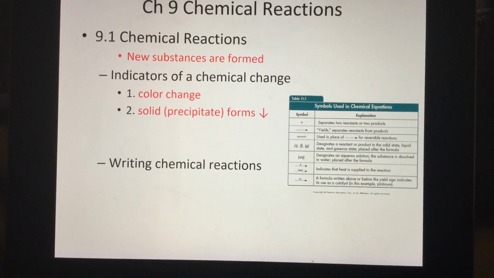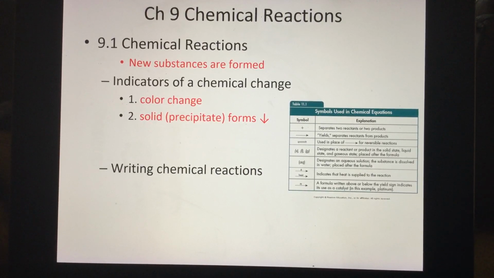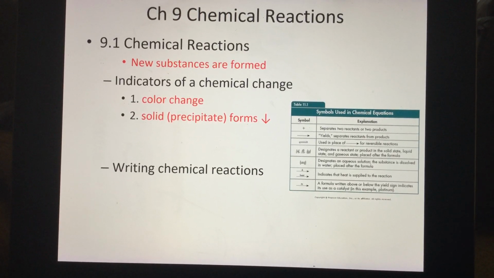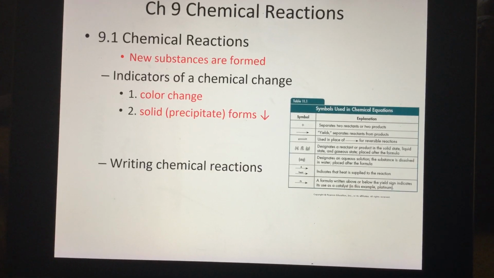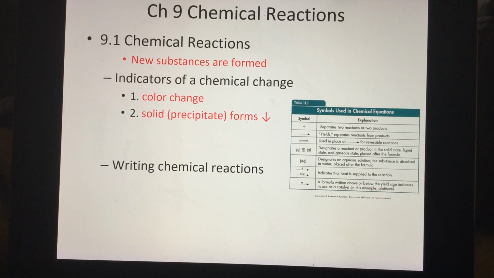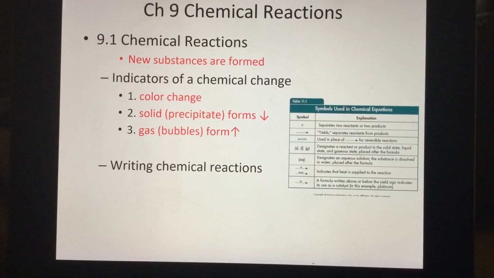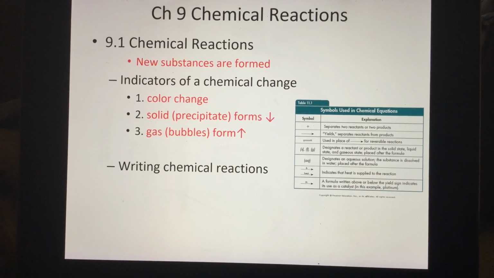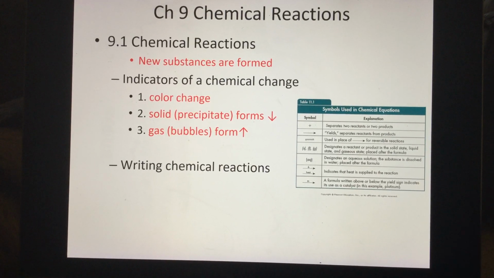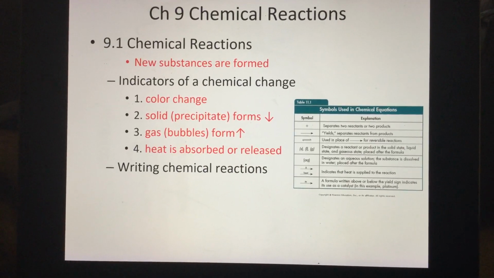We could form a solid, which is known as a precipitate, kind of like the snow that's coming down is a solid form of precipitation. Oftentimes we use a down arrow. When we get to that part of the chapter, we'll talk more about that. It could also form a gas. In that case, you would see bubbles going on, and we would use an up arrow to indicate that we're making a gas.